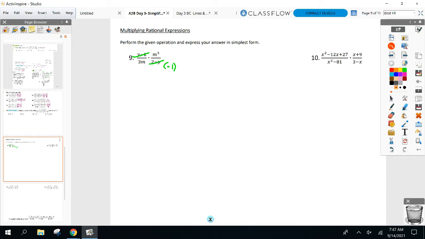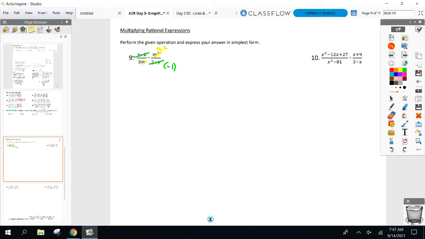So can I cross out this m with one of them on top? Everyone agree? Okay, so I cross this out, but be left with what? m squared. Good job. I can cross those out because I got three m's on top, one on the bottom, so I leave the 2 on top.